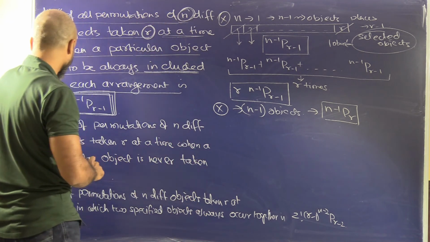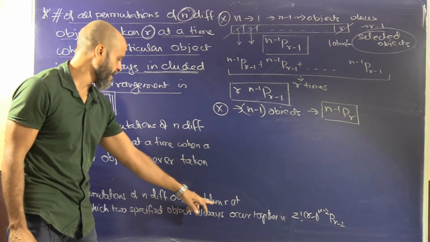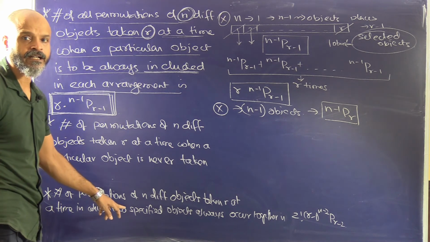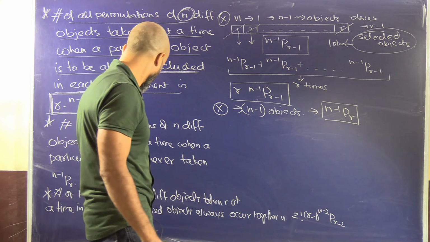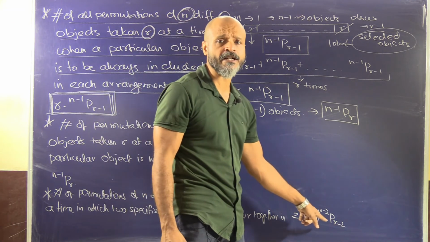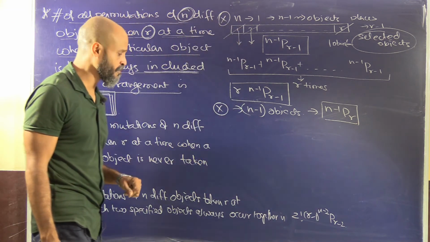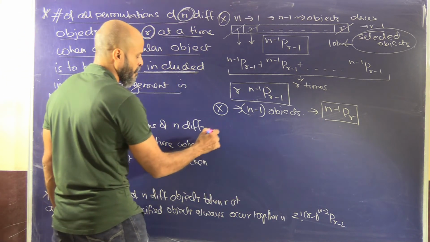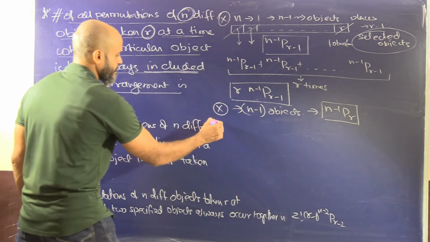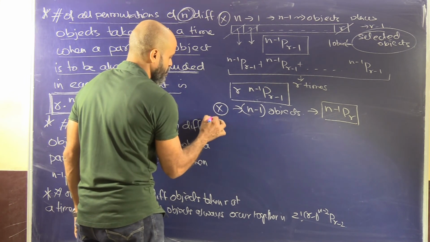Alright. So we have here the number of permutations of n different objects taken r at a time when two specified objects always occur. Let's do one thing.